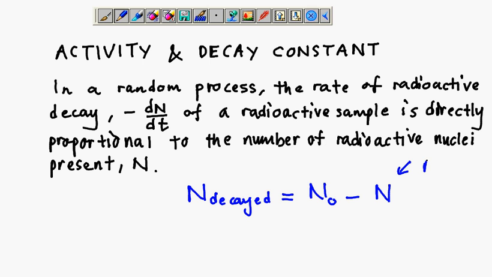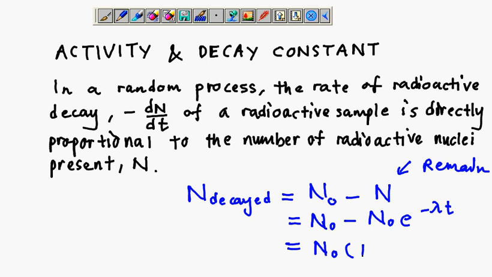This is the remaining one. So you can derive further, and you can derive anytime. You don't have to memorize this. So that will be the expression: 1 minus e to the negative lambda t. So that is activity and decay constant.